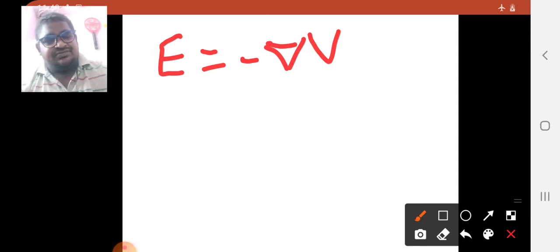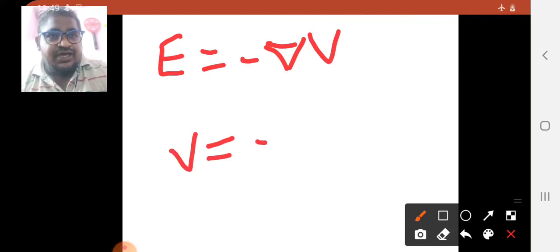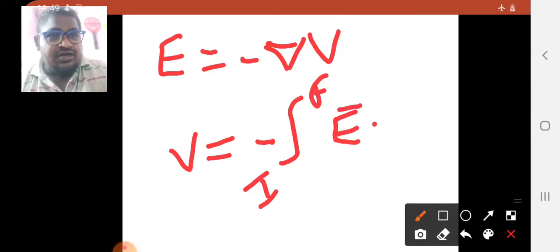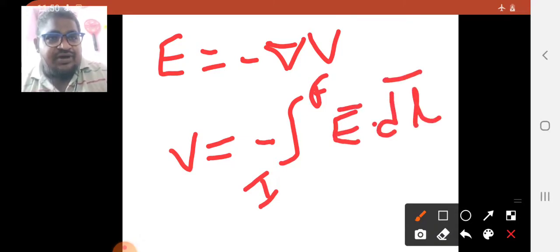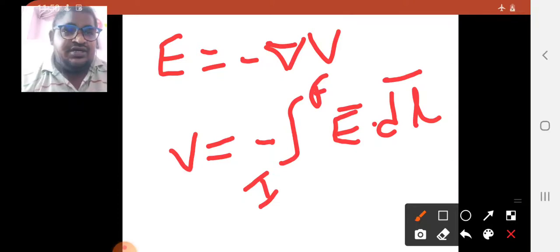And the next one is V is equal to minus integral initial to final E bar dot dl bar. This is the expression for electric potential, the relation between electric potential and electric field intensity.